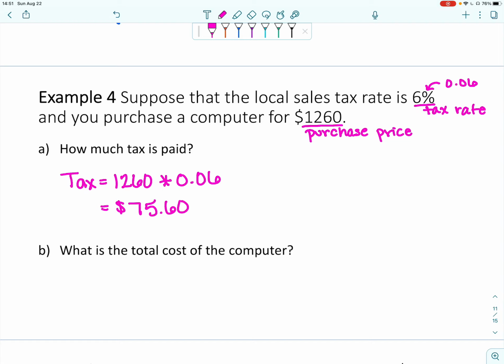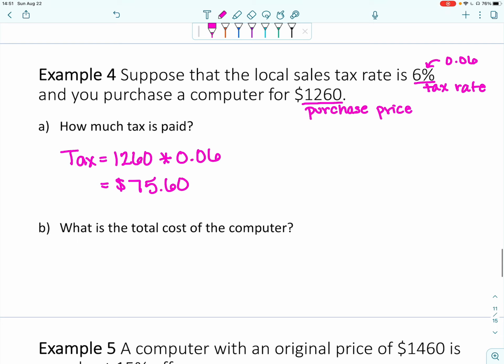So the computer itself is $1,260, but then the tax that we have to pay is an additional $75.60. So what is the total cost of the computer?